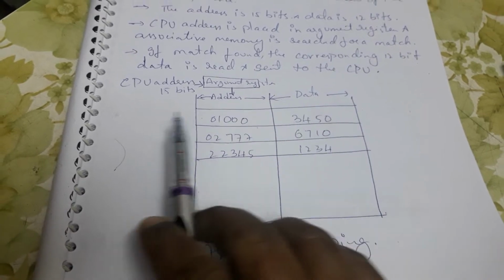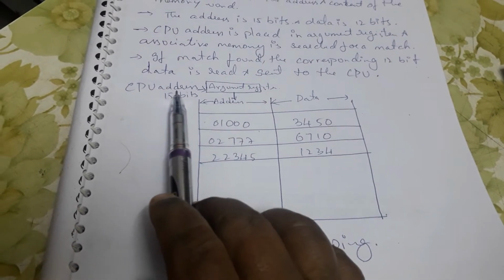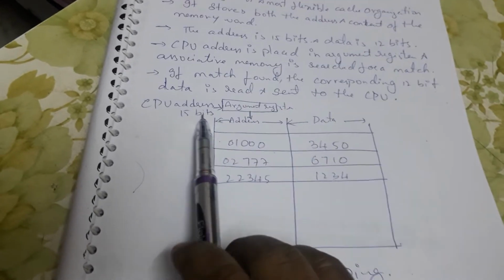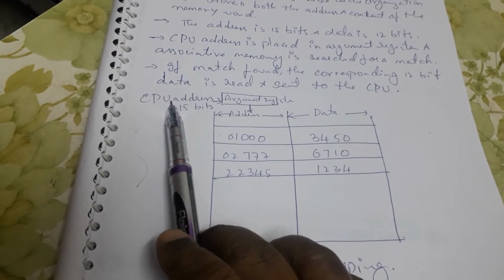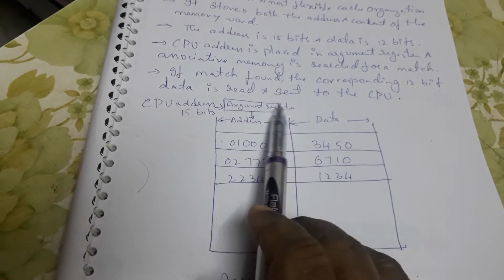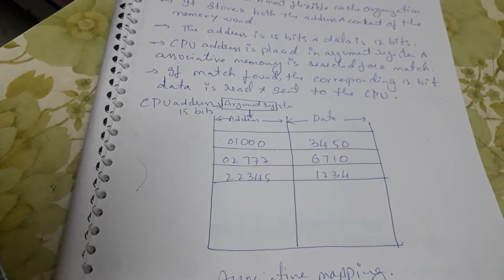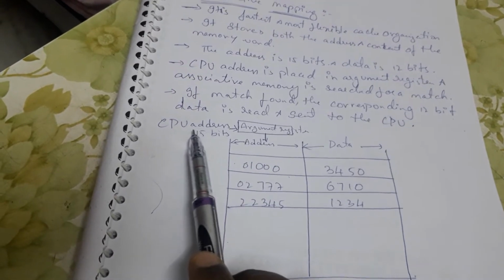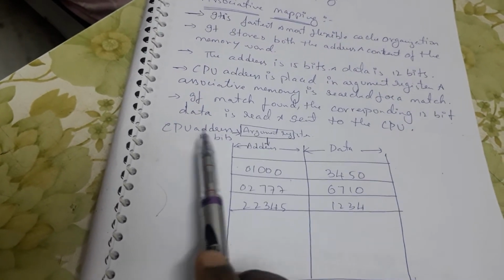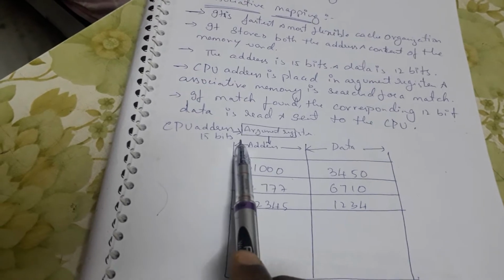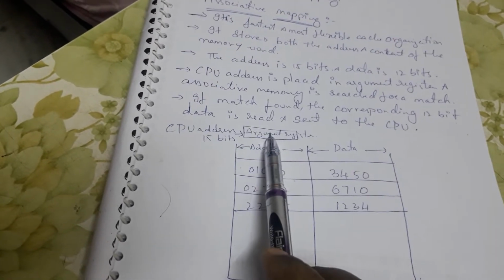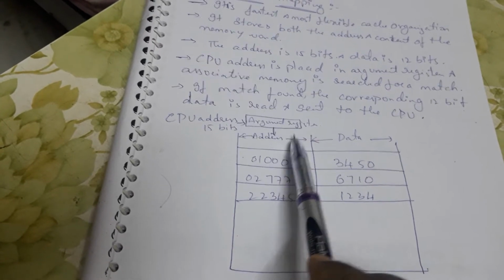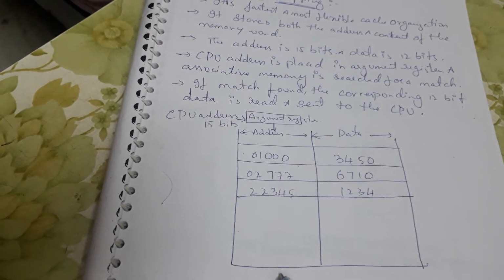When the CPU raises an address, that address is of 15 bits. This address is placed in a register called the argument register, which is used to store the CPU address. Now this argument register is searched against the address section.